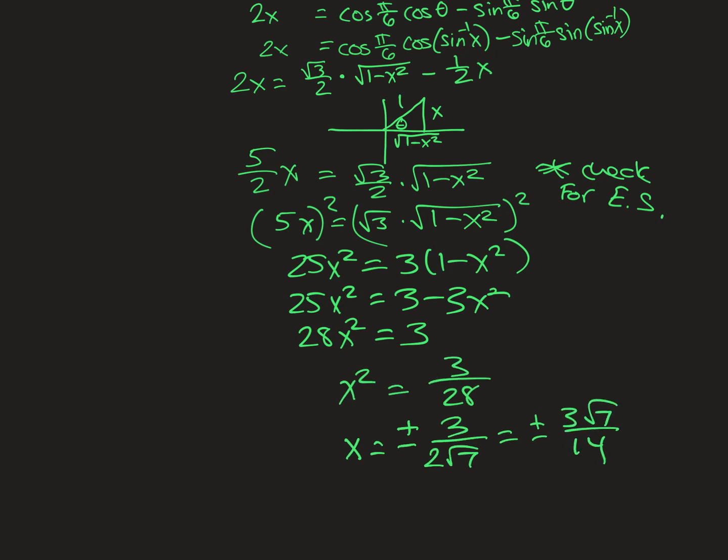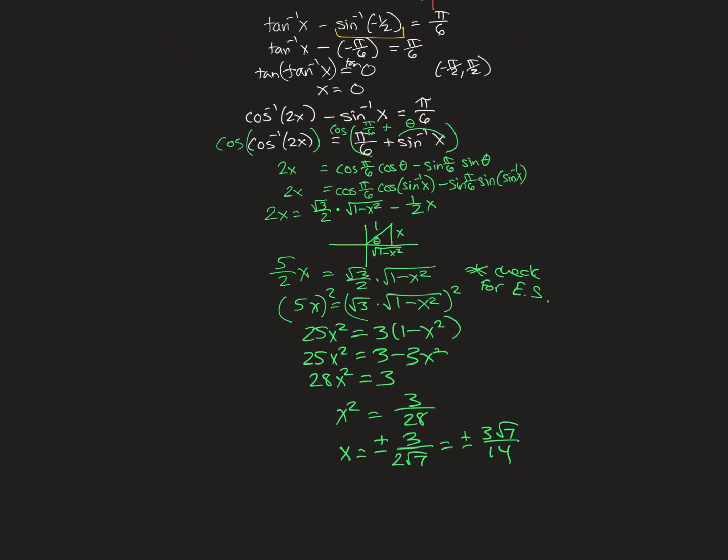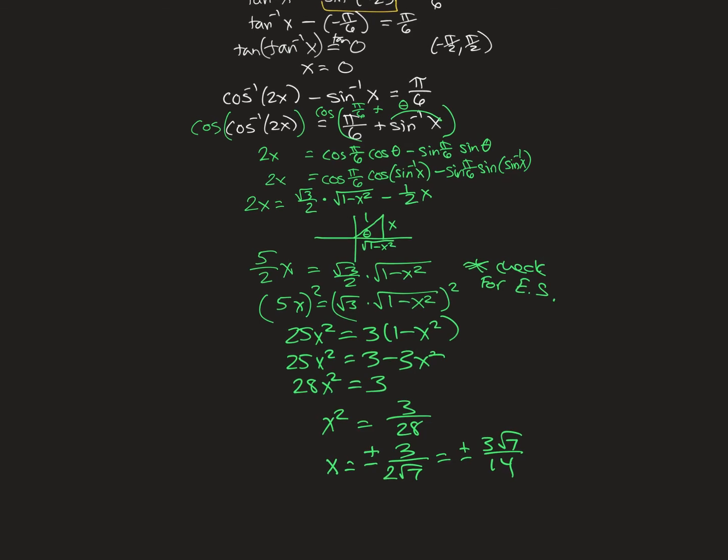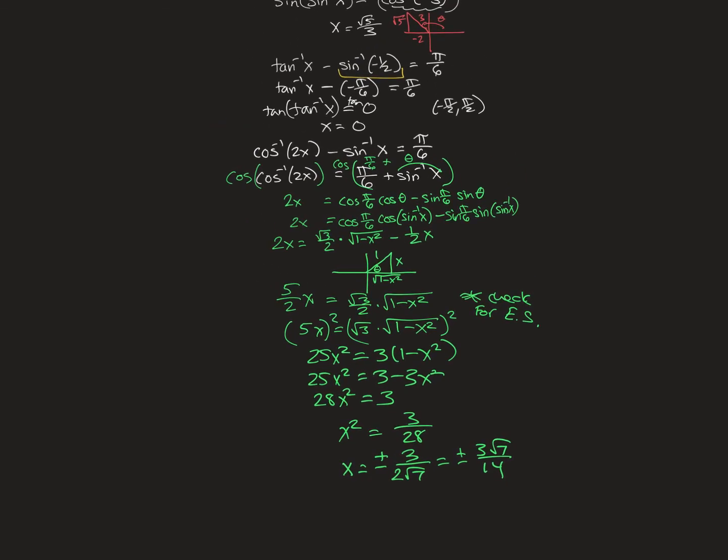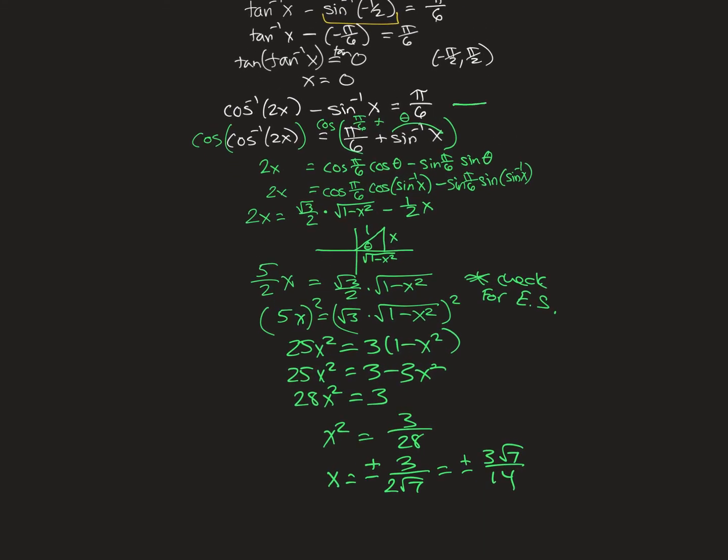Oh boy. So in order to check, you're going to go back to the original problem, which let's find where it was. This is the original here. And you're going to plug in for x 3 root 7 over 14 and check to see if the left side will equal the right side.